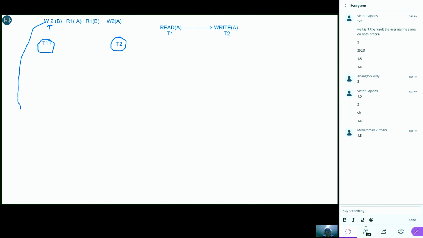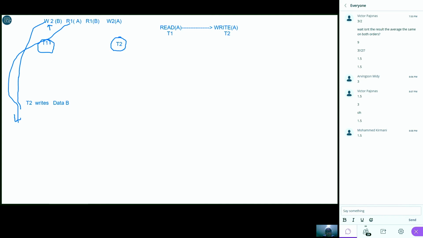So therefore, what will the next one mean? Transaction 1 is reading data. Yes, transaction 1 reads it.